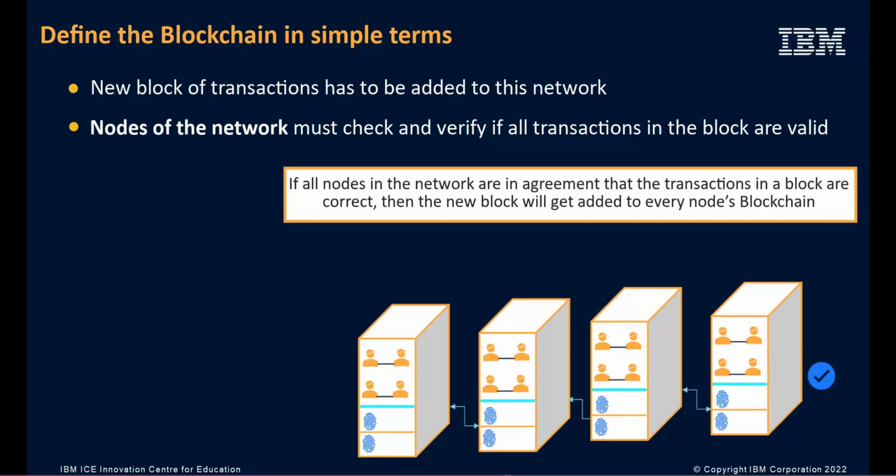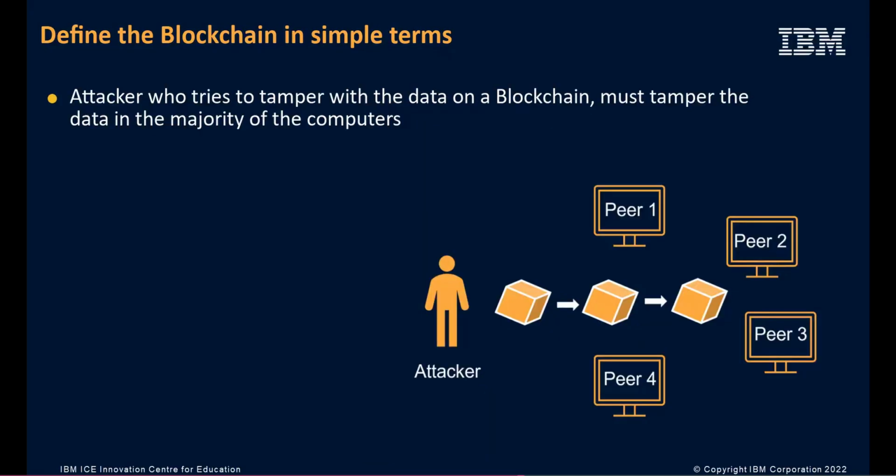This process is called consensus. Hence, any attacker who tries to tamper with the data on a blockchain must tamper with the data in most of the computers in the peer-to-peer network. This is how blockchains prove to be a secure method of storing data.